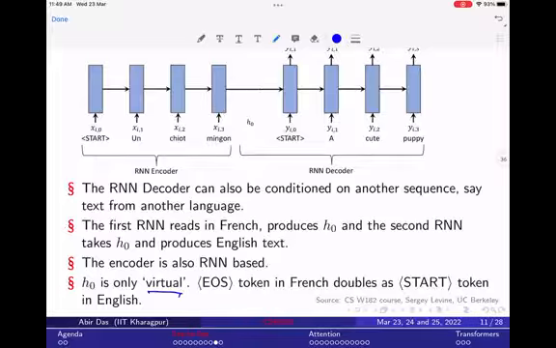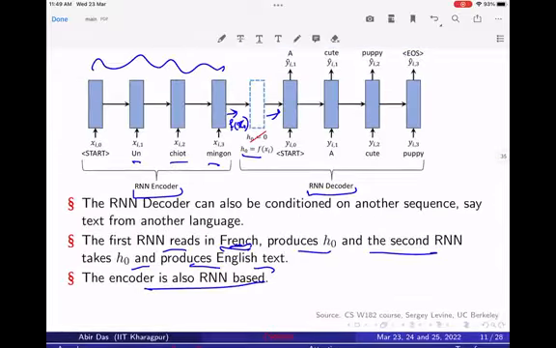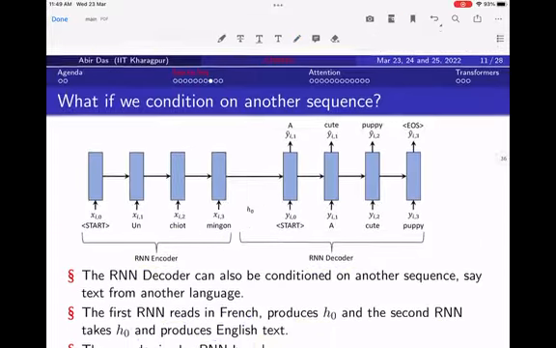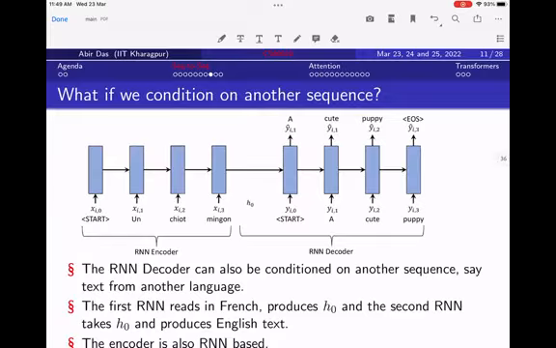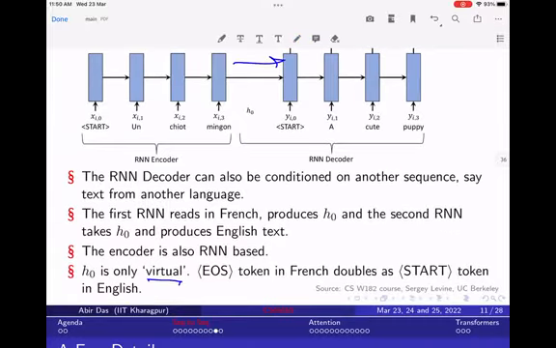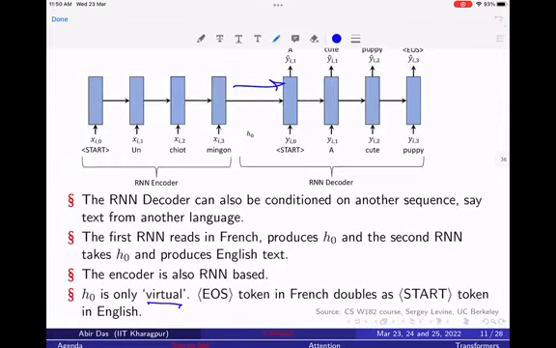One thing to notice is that this H0 is only virtual. You can think that there is nothing in between. Whatever is the output from this time step directly goes to the start of the English sentence. So the end of sentence token in French doubles as the start token in English.